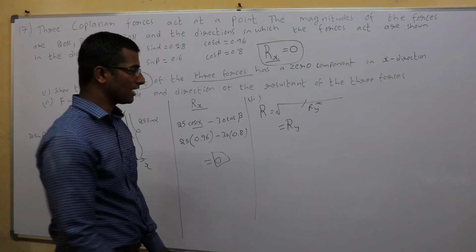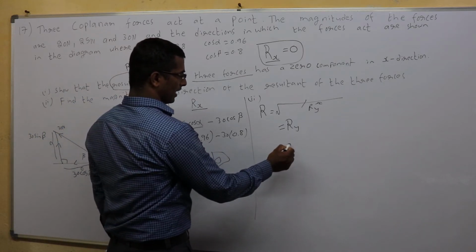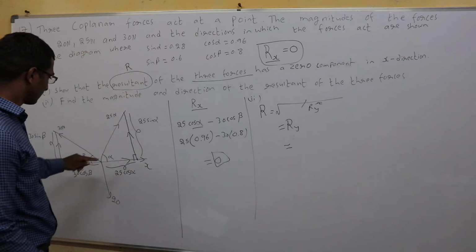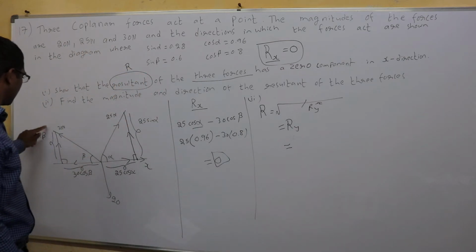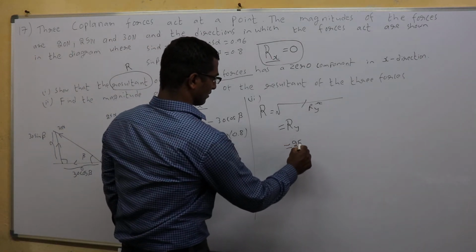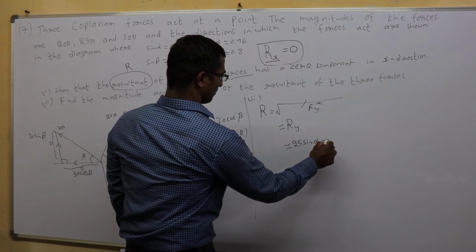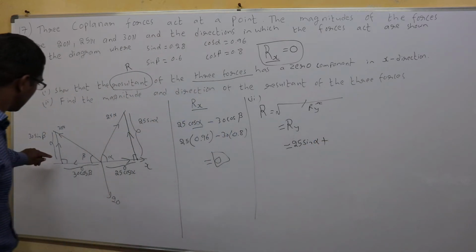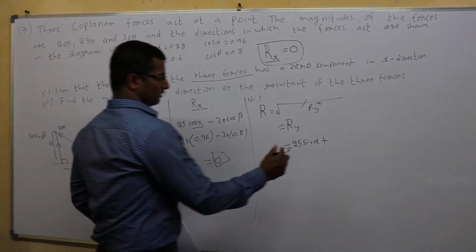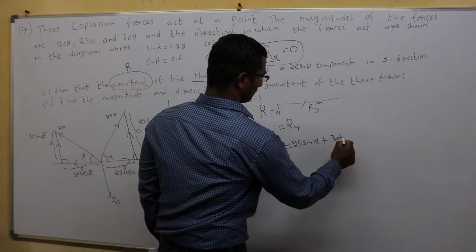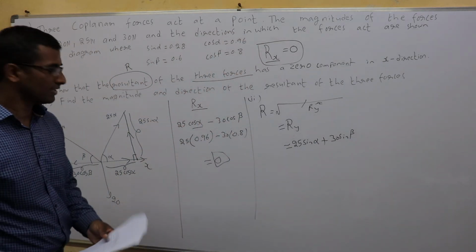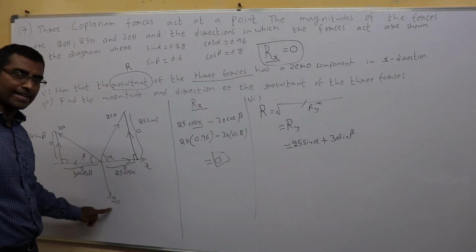So how much is Ry? Ry is nothing but what all are acting in the positive y-axis? This one and this one. So it is 25 sin alpha plus even this one is also acting, 30 sin beta. What is any force acting below the y-axis, or else in the negative y direction?